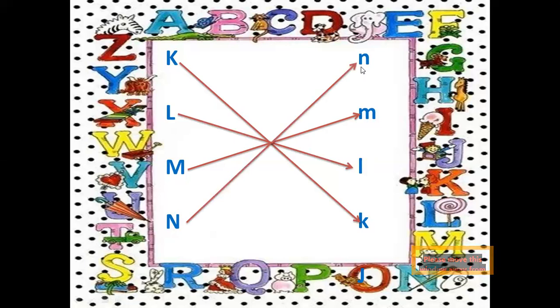Understood? How you will match the capital letter with their small letters? It's too easy if you learn the letters, uppercase letters and lowercase letters, then there will be no problem to match the capital letter with their small letters. You have learned the letters many times.